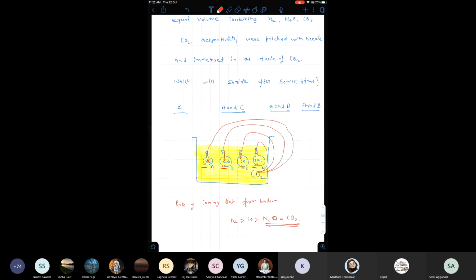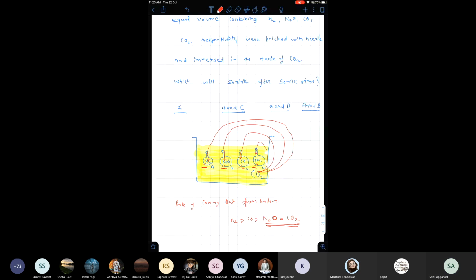I said we had a tank in which four balloons were kept, in the tank of CO2. Now, when you made a hole in that, CO2 will try to go in, and the gases which are present inside will try to go out.